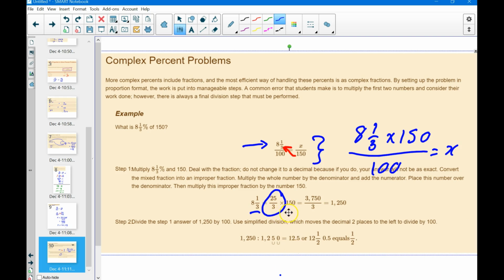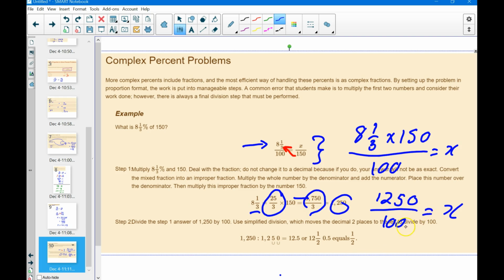So, doing that, you can reduce it first, or we can just multiply 25 by 150 and divide by 3, and that becomes 1250 over 100. So basically it looks like this, 1250 over 100 equals x.